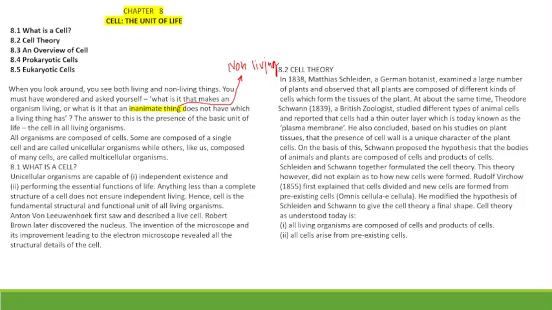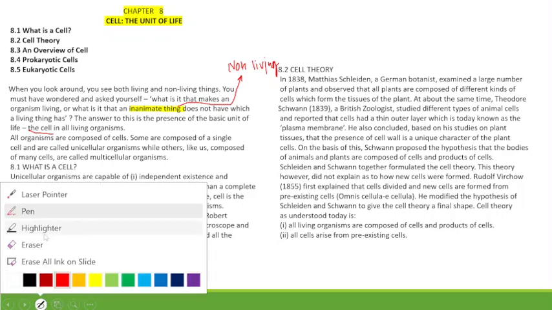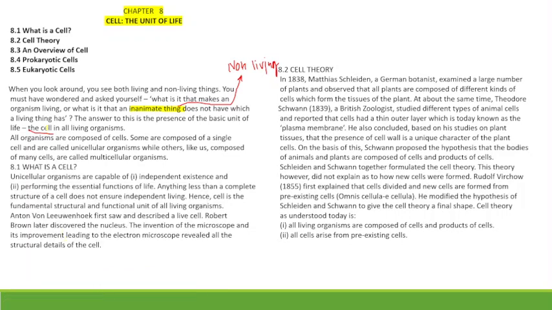So the answer is the presence of the basic unit of life. So what is the basic unit of life? That is the cell. So firstly, the basic sentence that you are going to see everywhere, let's highlight this. What is the basic unit of life?